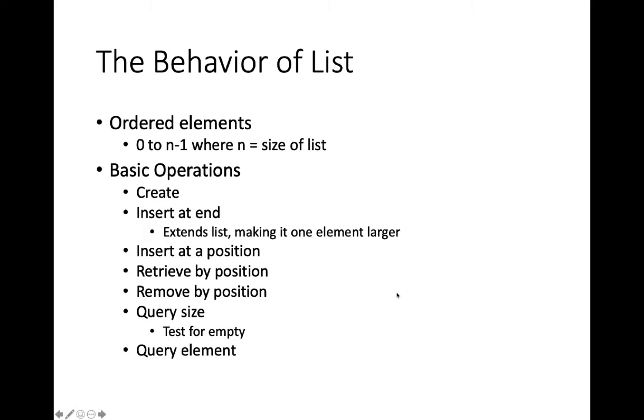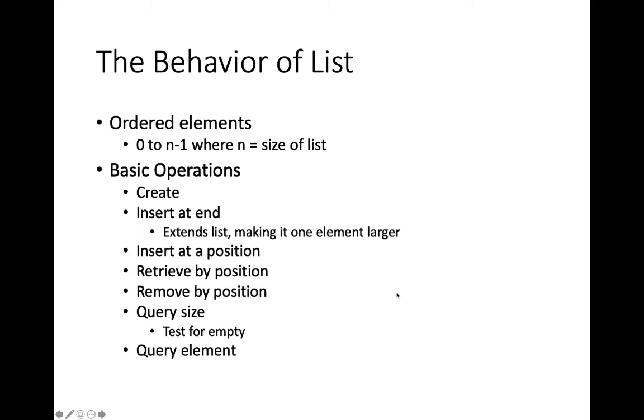Whereas a list is a structure that can be defined by its behavior, and we can implement a list in more than one way. This is why we're going to talk about list as an abstract data type, as an interface, and then talk about its implementation and see that our implementation choice has implications for how much memory gets used, what its performance is like, and how fast different operations take.